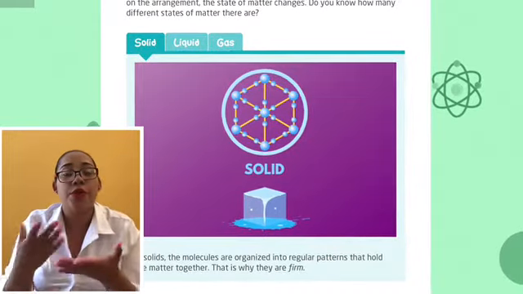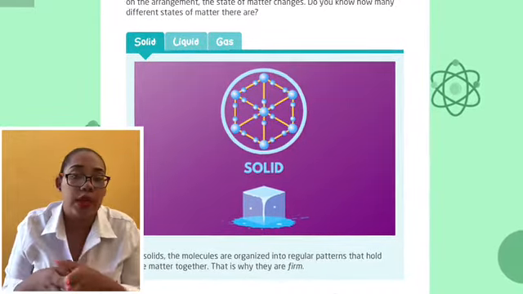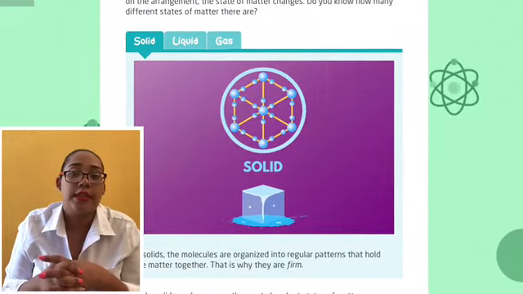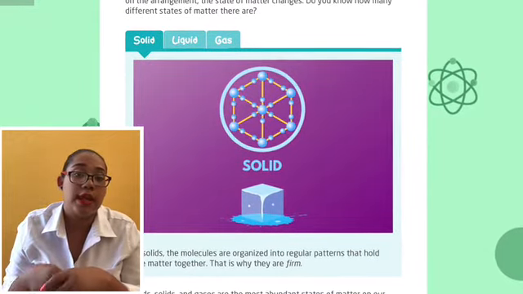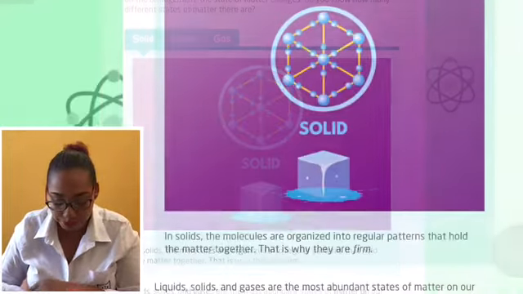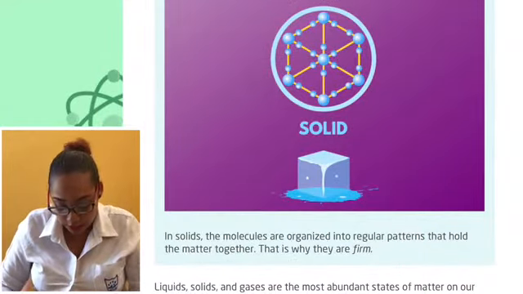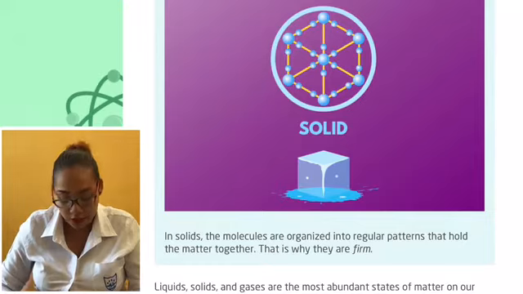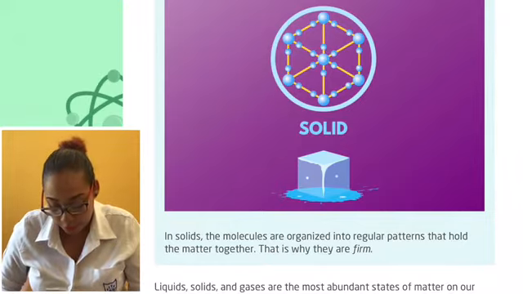But now we have to know what the processes are that change the state of the water. So let's see. Solid. In solids, molecules are organized into regular patterns that hold the matter together. This is why they are firm.